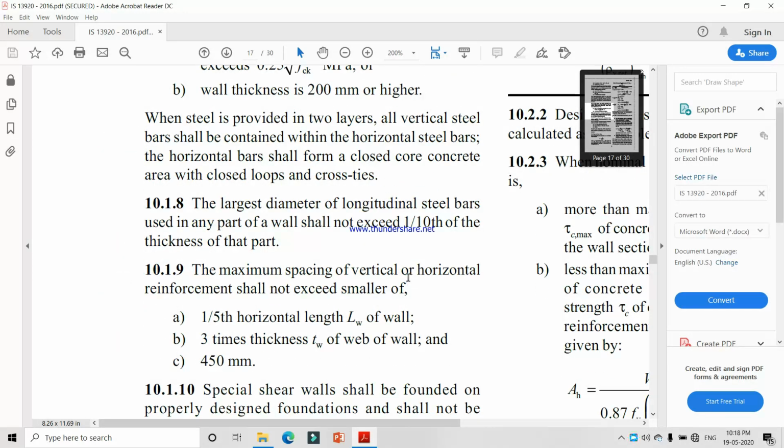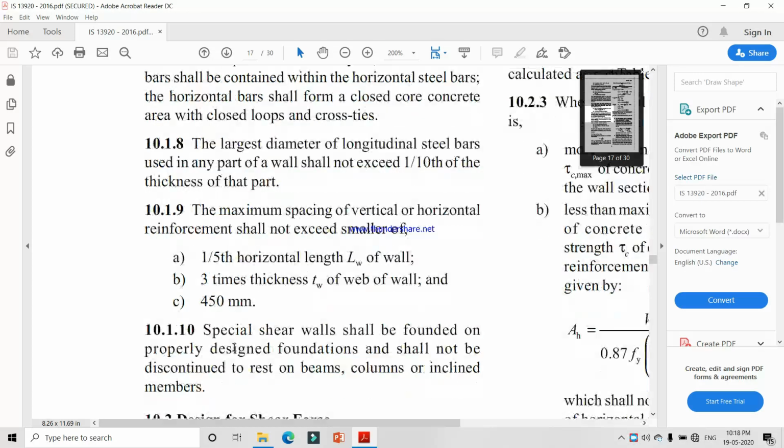The maximum spacing of vertical and horizontal reinforcement is 1/5 of the horizontal length of the wall, second 3 times the thickness of the web, and third 450 mm, and the spacing should not exceed these three values.